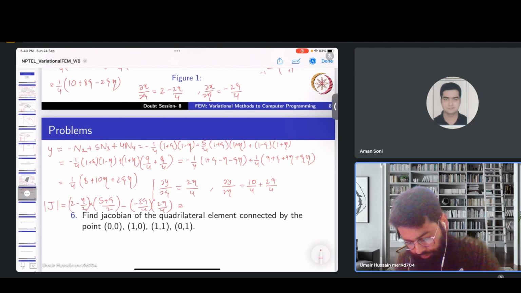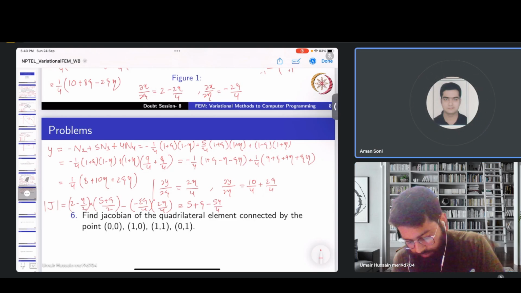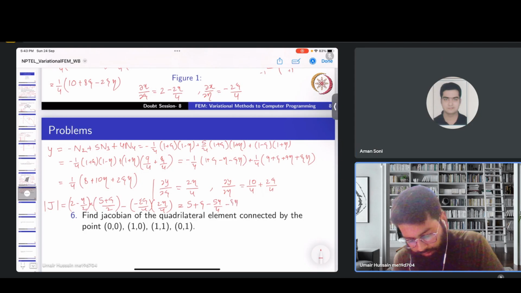So we have 2 multiplied by 2 5 plus 2 multiplied by 2 7 plus 5 delta by 4 plus delta by 4.